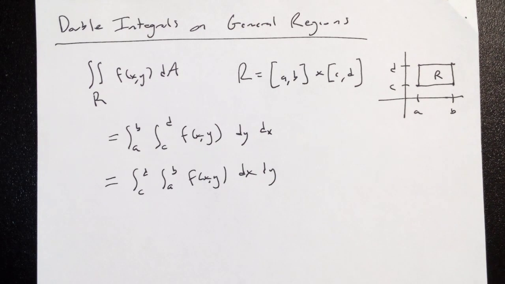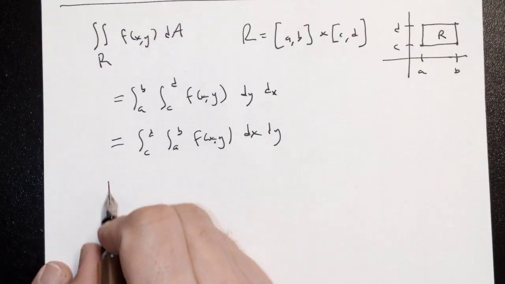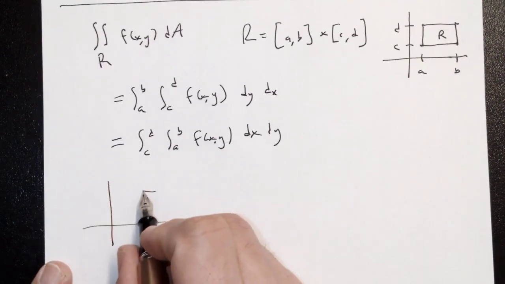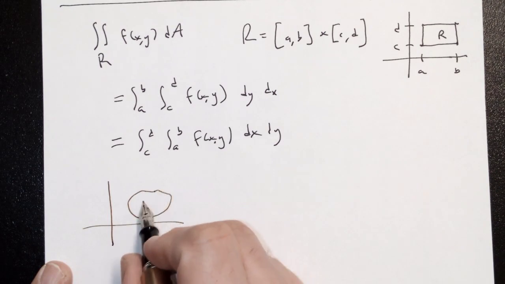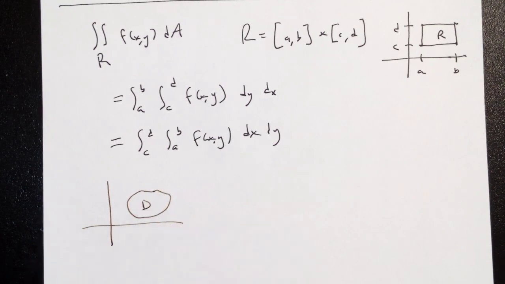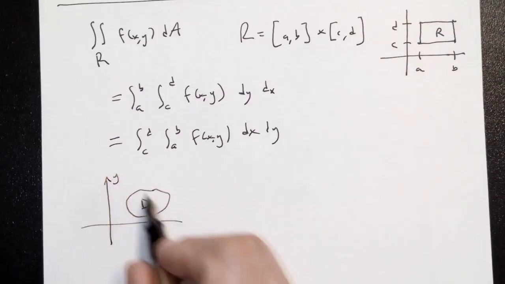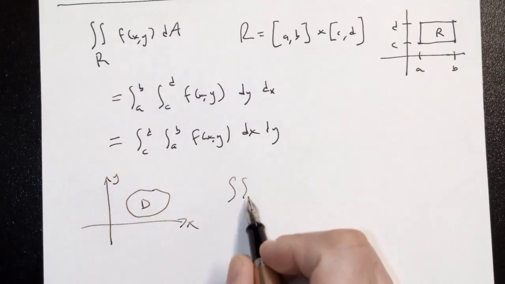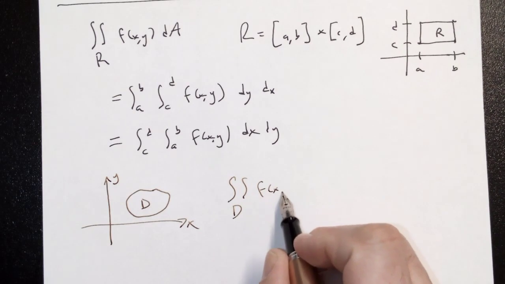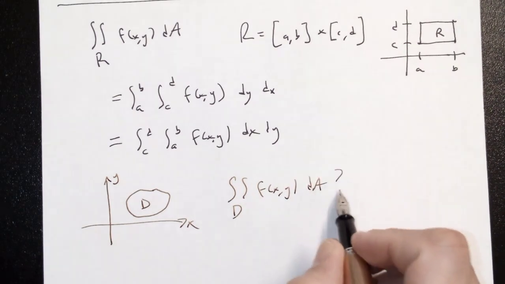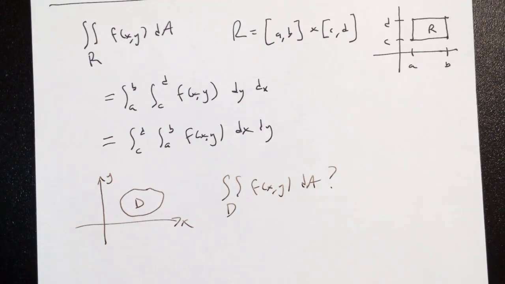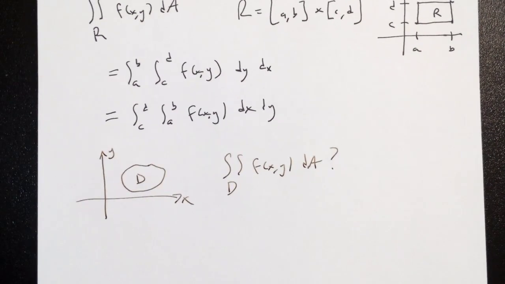What happens if I want to do an integral on some weird region D? Well, now I have a problem because I don't know the way to turn the edges correctly.